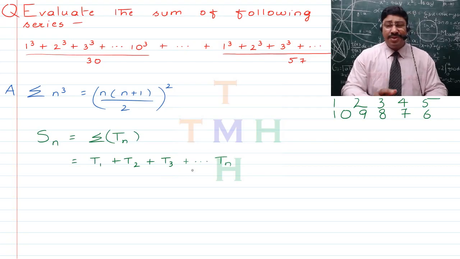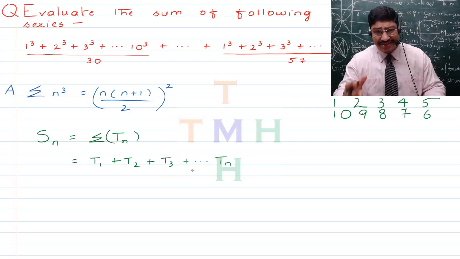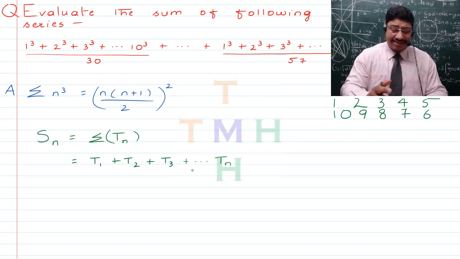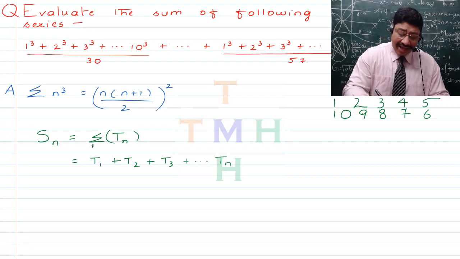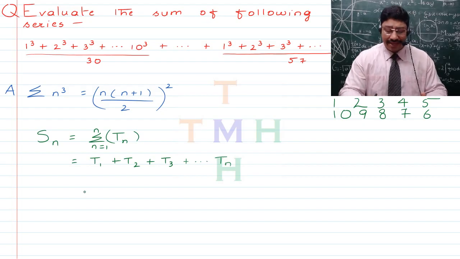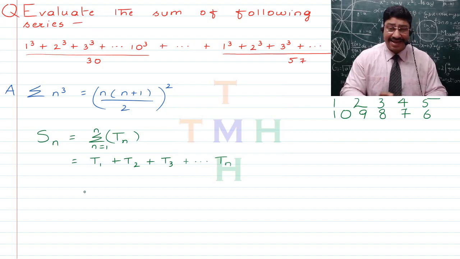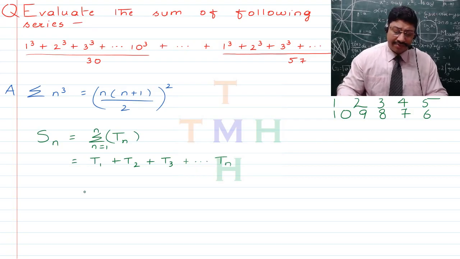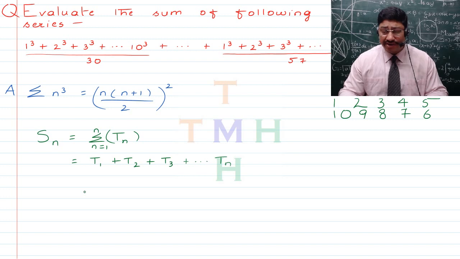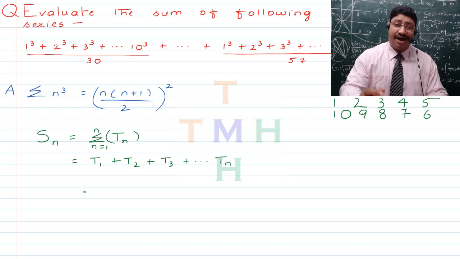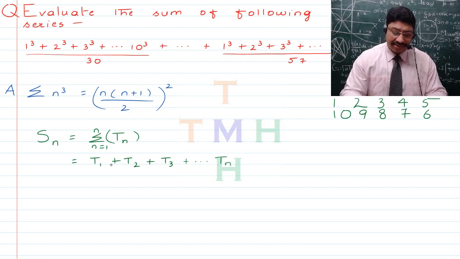That means when we sum up the n terms, it is just like the summation of Tn, where n can vary from 1 to n. So it will come out to be the same, and summing them up actually gives you Sn. That is why Sn is always sigma Tn. So here too, when we require to sum the series, we actually require to find out the sigma of Tn. So obviously we require to find out what the nth term of this series is.